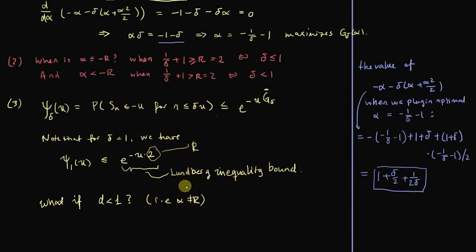Well, if delta is strictly smaller than 1, then we need to figure out how this thing behaves for delta strictly smaller than 1. And one way to do that is consider its derivative. When you try to differentiate it, the first term just disappears, and then you have a 1/2 in both of these other terms, and you have 1 minus 1 over delta squared halves. And since delta has this as derivative.